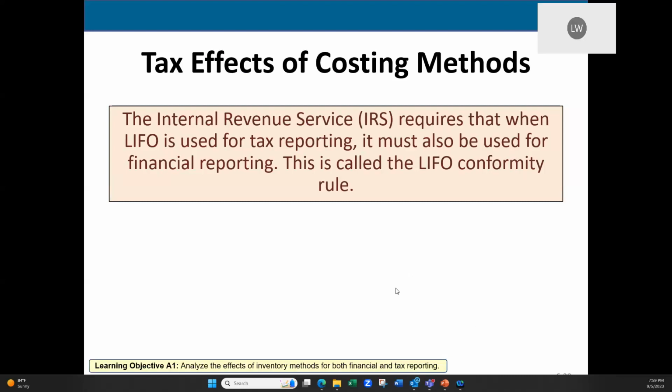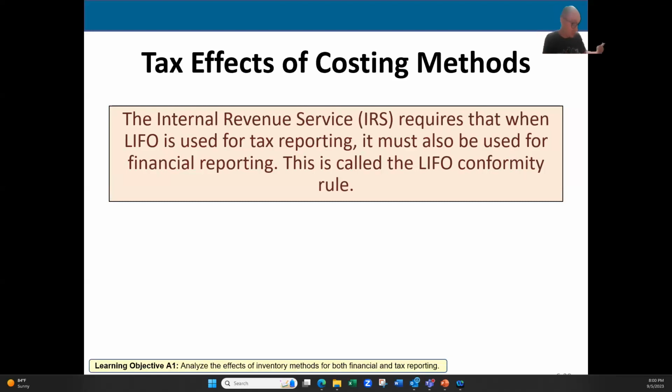So basically, what this rule says is you can't use FIFO for one and LIFO for the other. Well, you could, but when it comes to filing your taxes for the company, you have to use LIFO. But when it comes to valuation of the company, which is something totally different, you could use FIFO or weighted average or whatever.